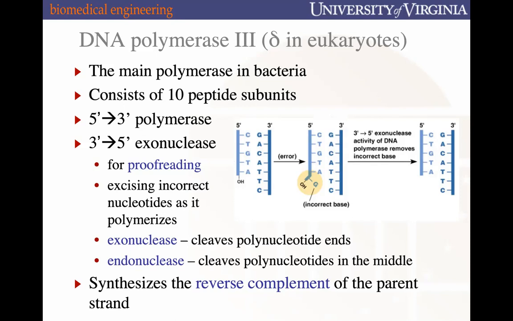When I was talking a few slides ago about dNTPs being the source for nucleotides, and how nucleotides are constantly being assessed as the right one or the wrong one, when it's the wrong one, DNA polymerase 3 or DNA Pol delta will use its exonuclease activity to remove the wrong nucleotide. Now that it's gone back up, it's going to move in the 5' to 3' direction to try and add the right nucleotide.